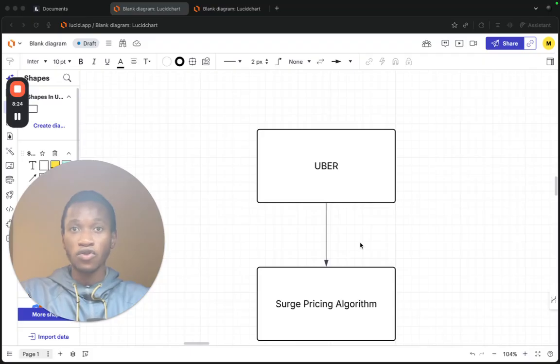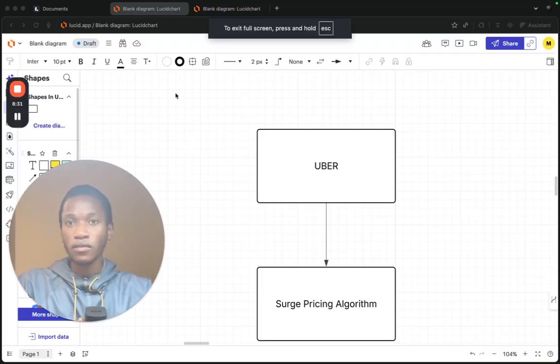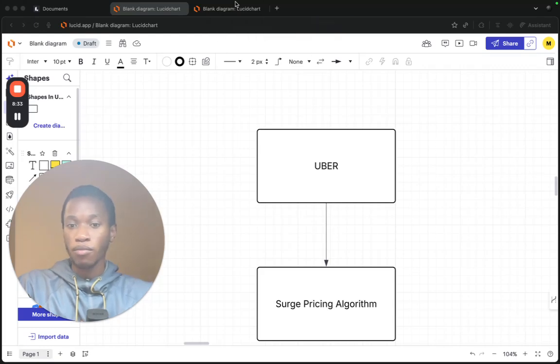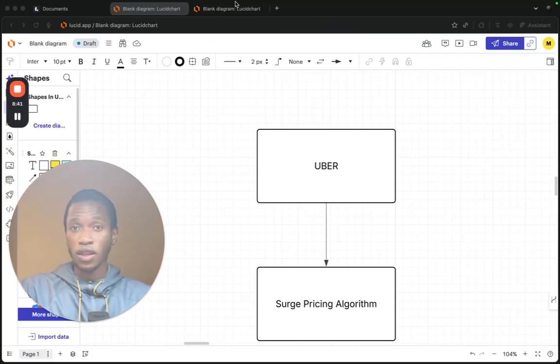Driver locations right now, such as the GPS data updating every few seconds, and their current prices right now, which is their pricing system, which is live.